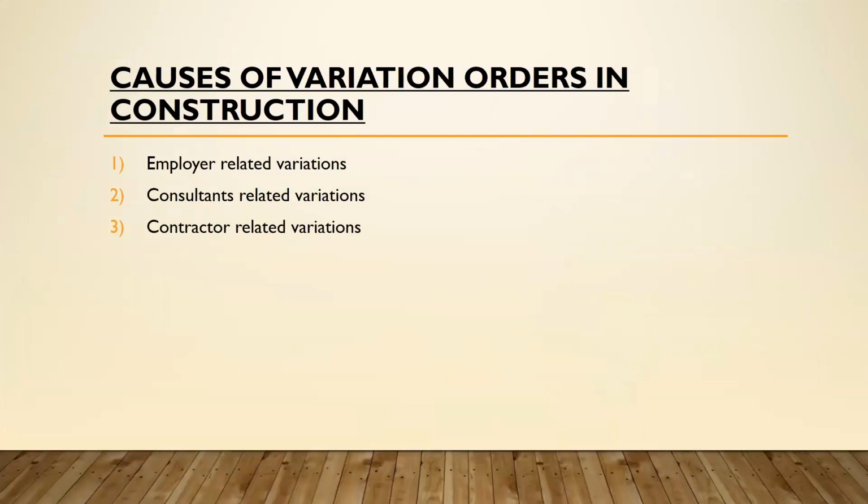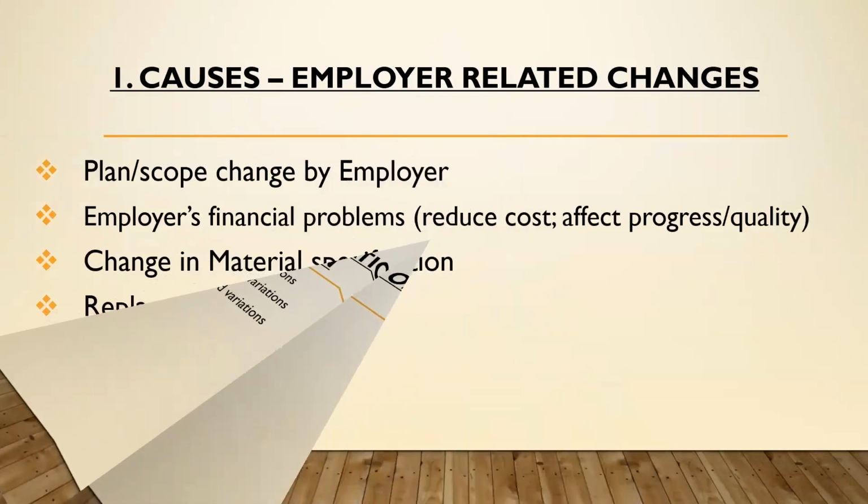We also have some potential causes of variation orders in construction. We are looking at employer-related variations, consultant-related variations, and contractor-related variations. So these are more or less the specific causes of variation orders in construction.